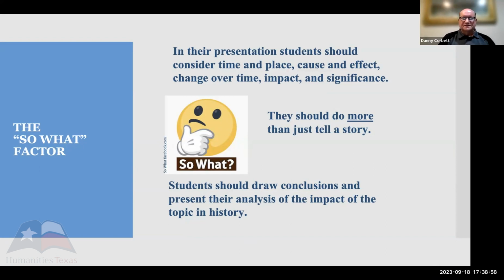So we want them to look at things like cause and effect, change over time, and really get into the impact of a topic in history and come up with their own analysis, draw their own conclusions, to look at both short range impact, what happened immediately after that event, and long range, what happened over the period of time. So we call that the so what factor, so that students can really consider that part of their analysis.